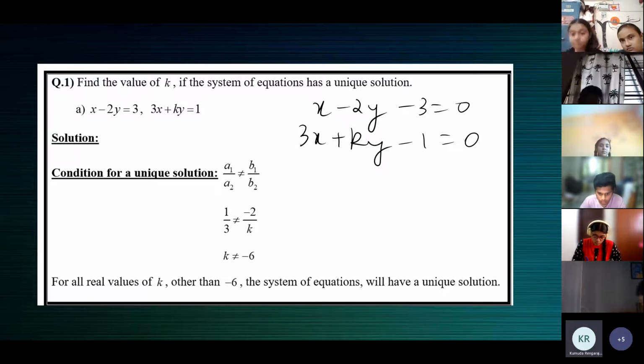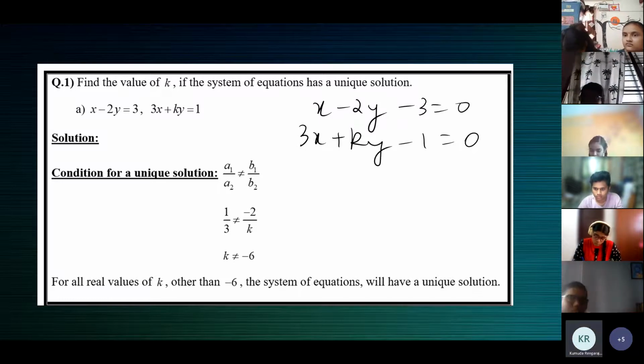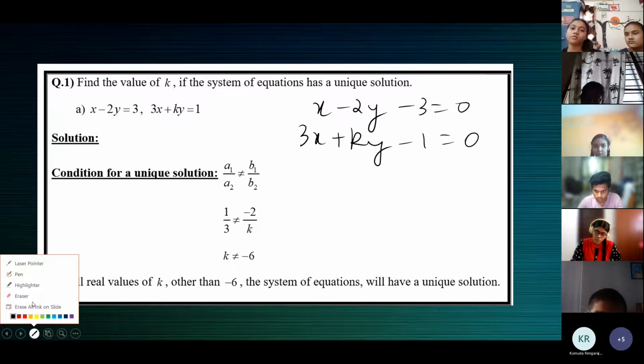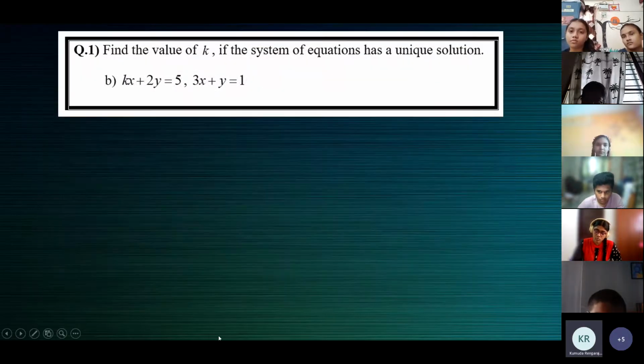So you know to pick the values of a1, a2, b1, b2. Is the answer understood, children? All right, tired of saying yes. Let's see the next one.